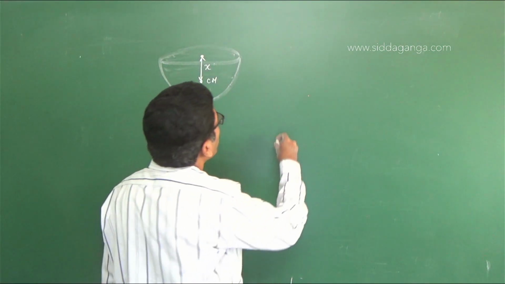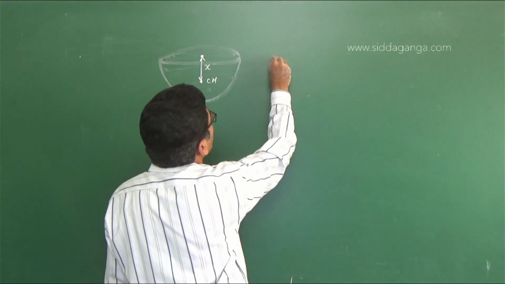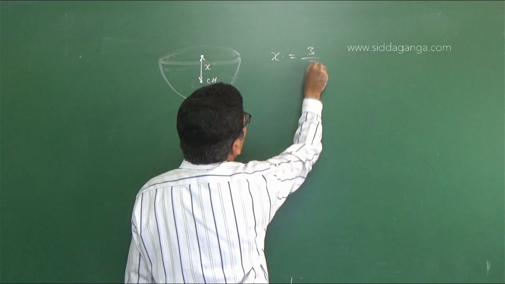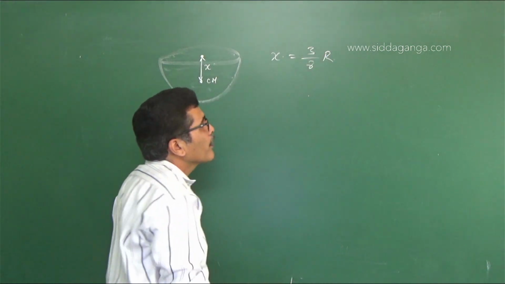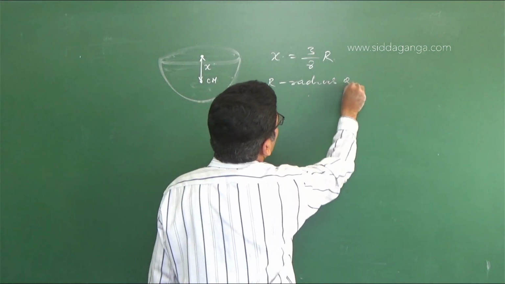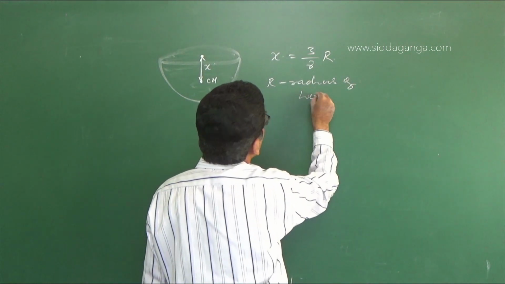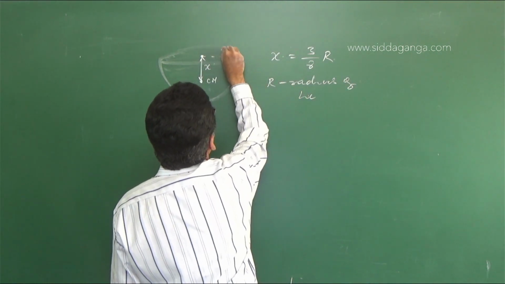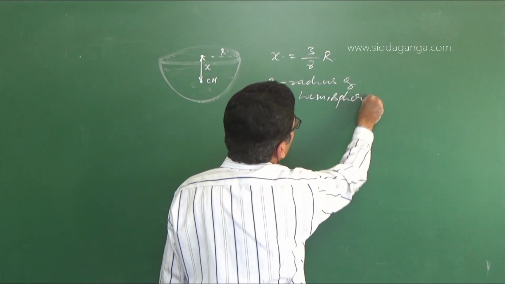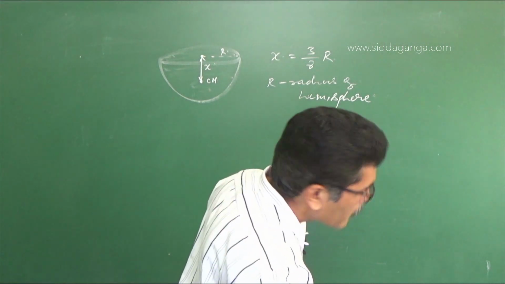And we know that for a solid hemisphere, x is equal to 3 by 8 r, where r is the radius of the hemisphere.